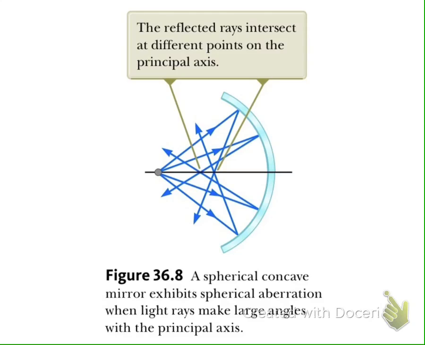One thing that you have to be careful about is that the mirror that we study here is what we call a thin mirror. For example, I say that the surface of the mirror is a part of the sphere, but it has to be a small part of the sphere. You cannot take a mirror that is half of the sphere like this and use the formula that we will discuss after this.